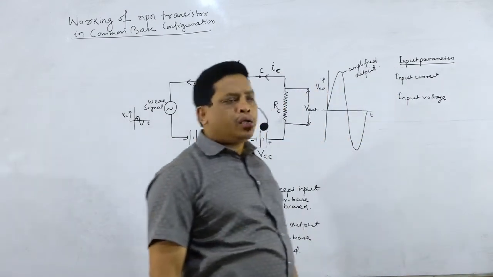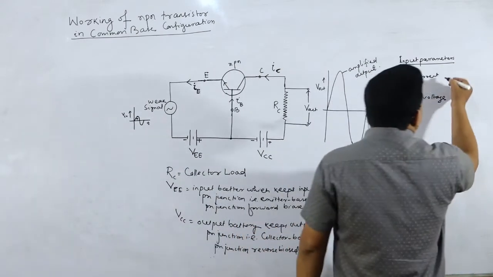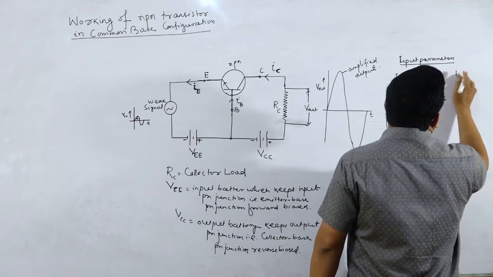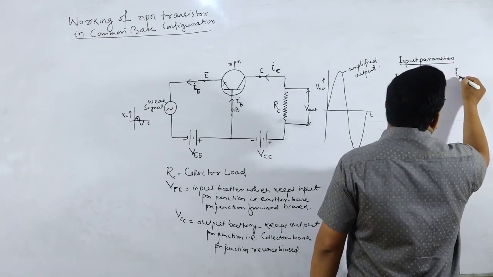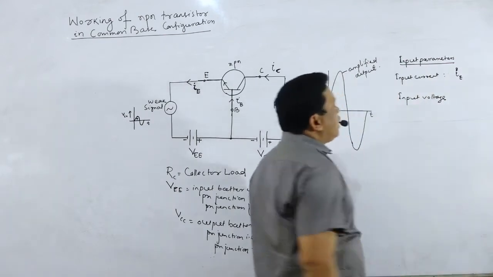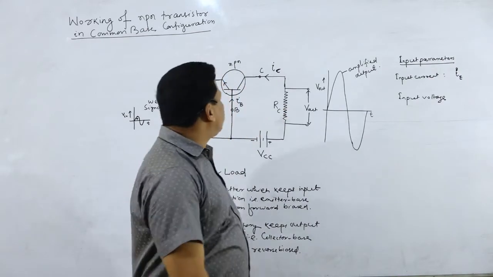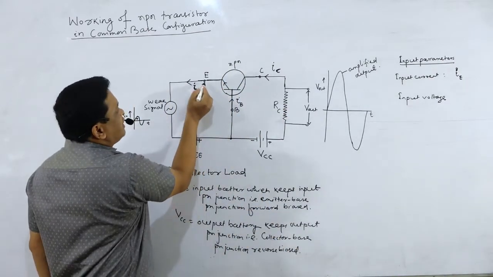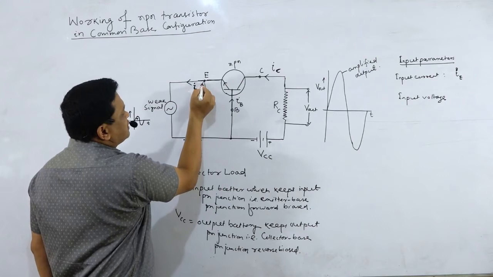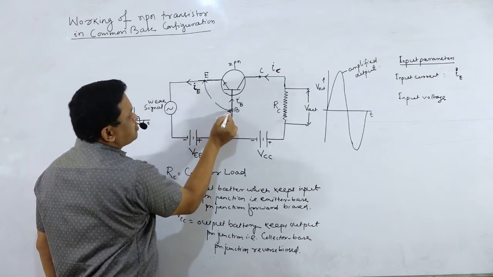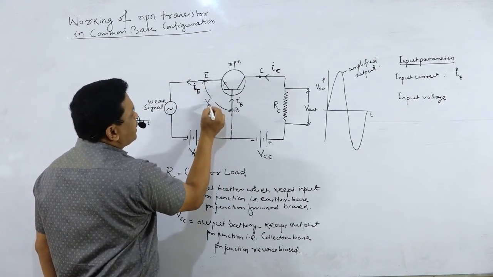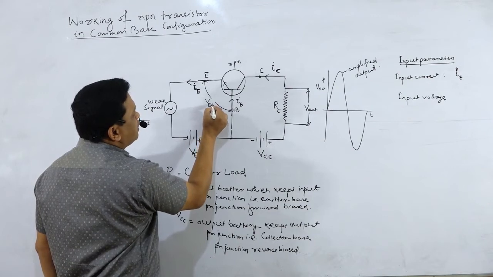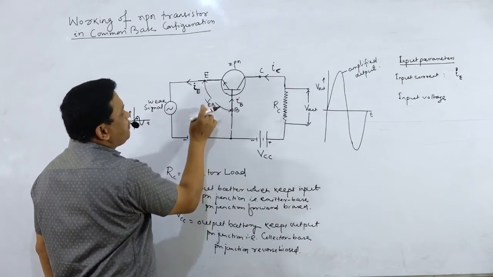What is the input current here? Input current is IE, the emitter current, and input voltage is the emitter base voltage, the potential difference between emitter and base, VEB.